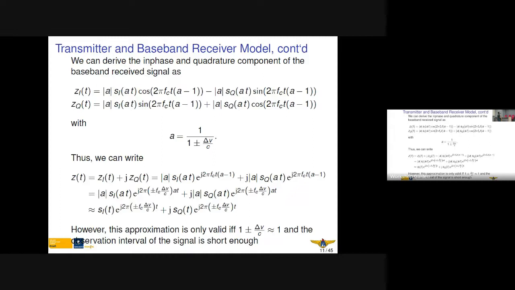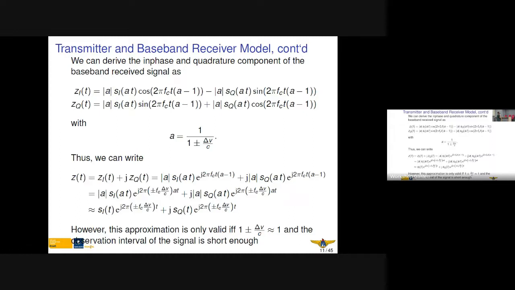We can then write z_I(t) plus j z_Q(t) in this formulation: the absolute value of a times s_I(at) times the exponential function to the power of j2π f_c t (a minus 1), plus j times the absolute value of a times s_Q(at) times the exponential function with the argument j2π f_c t (a minus 1).